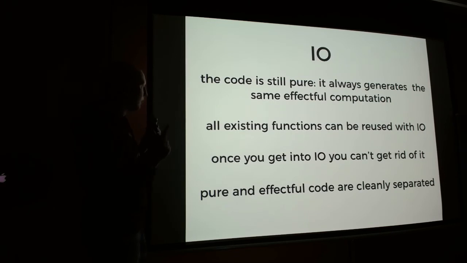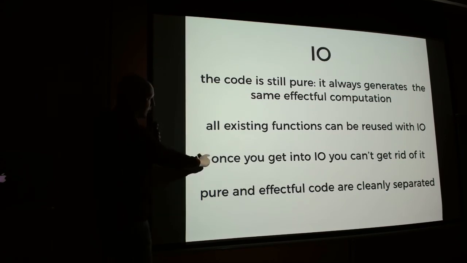A few other advantages of this abstraction is that you can still reuse all your code. You can just use it in I/O, the same way as you use your code with any other functor or monad. And then you can still have the part of your program which runs in I/O with all the effects.